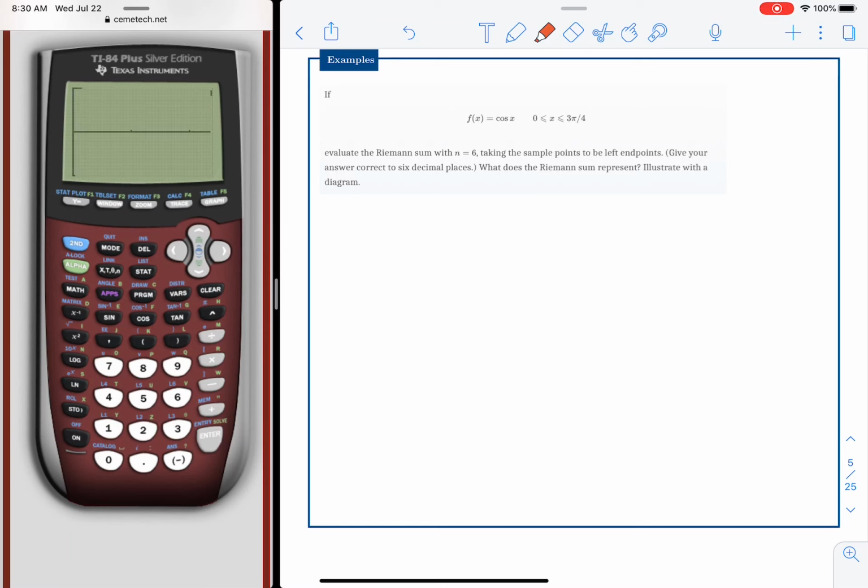And if we graph this, that is the curve that we get.